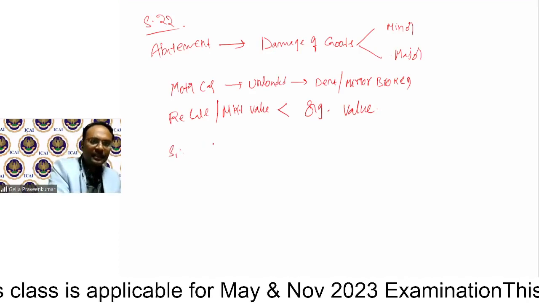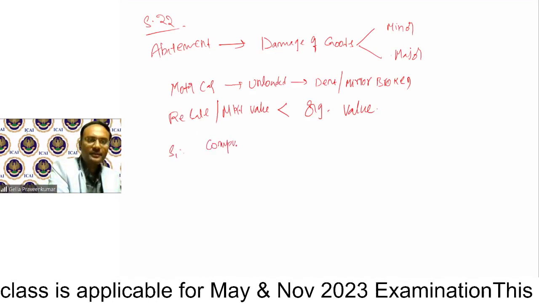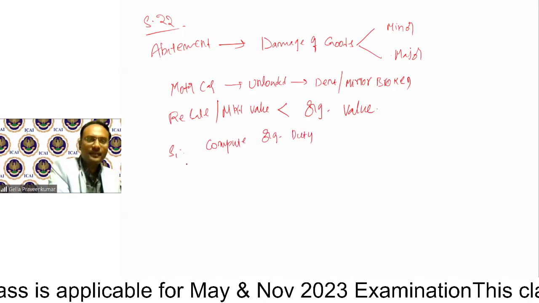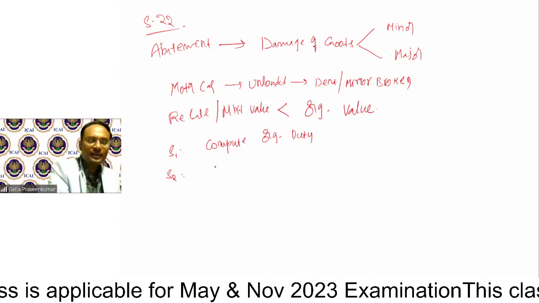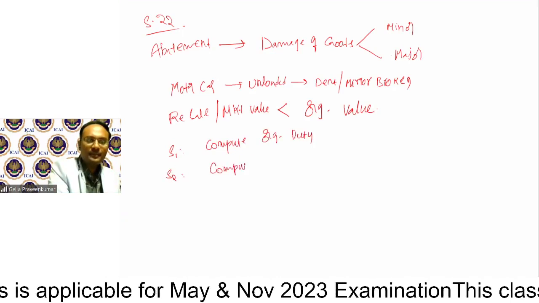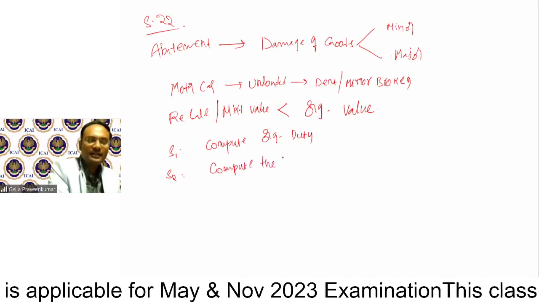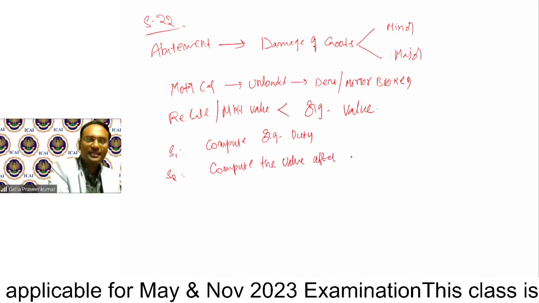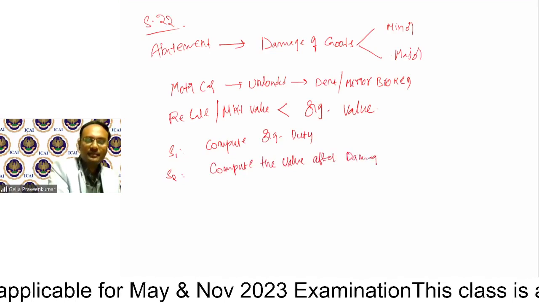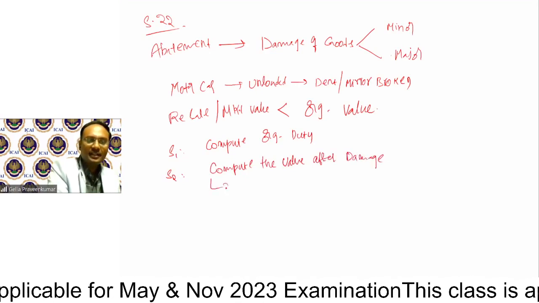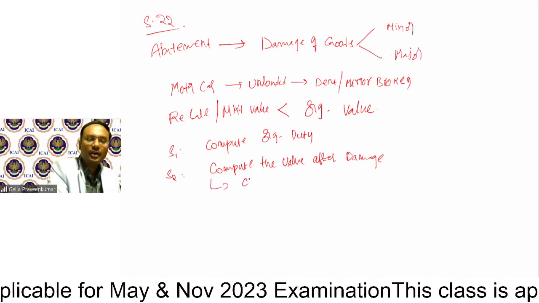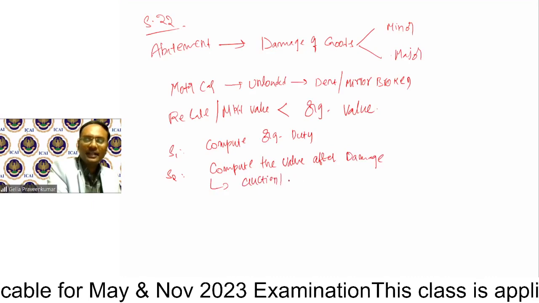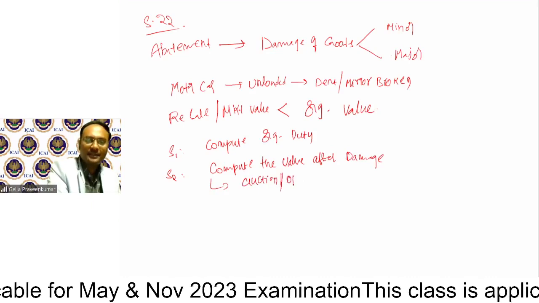The law says: Step 1, compute the original duty. Step 2, compute the value after damage. For this, the officer will either go for a public auction, or he will seek the value from the open market.